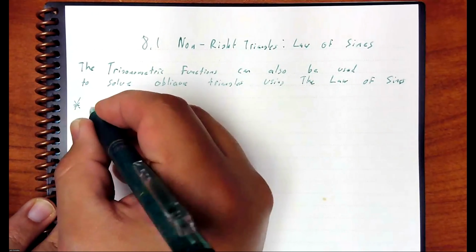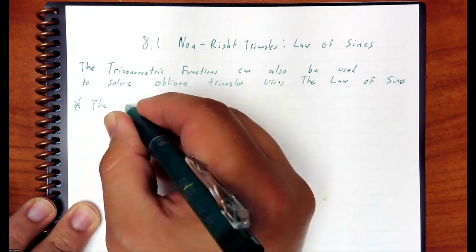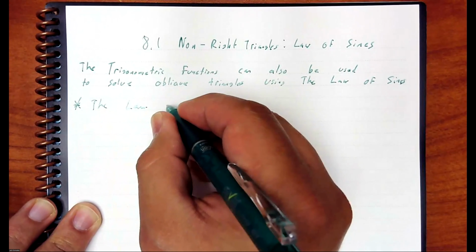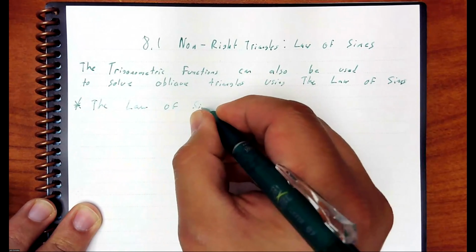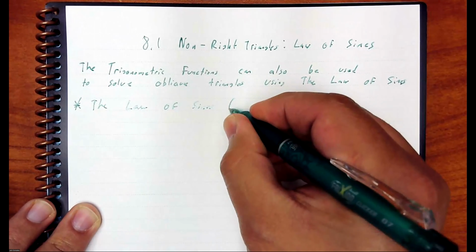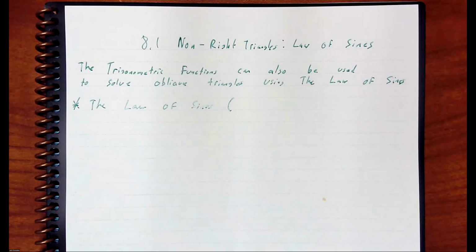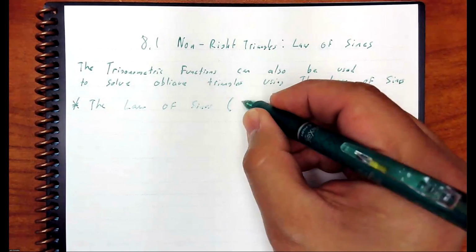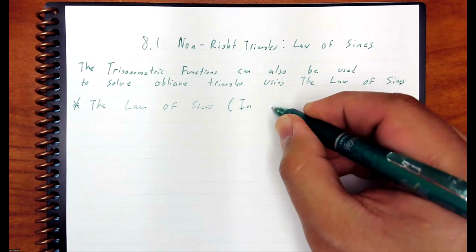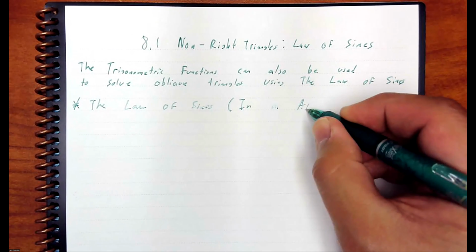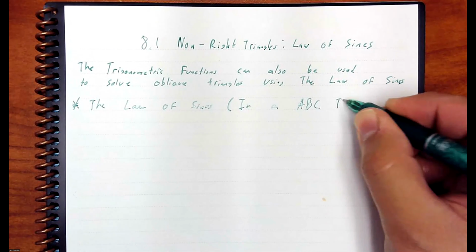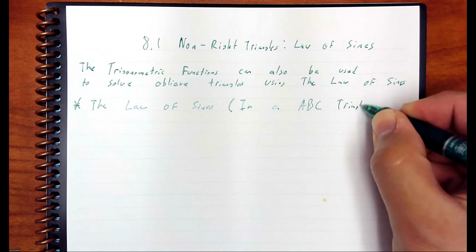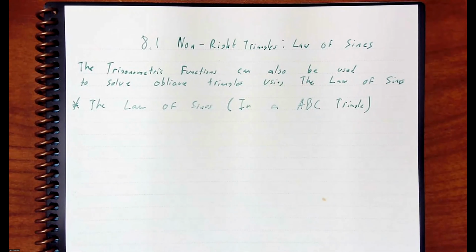Okay, so here's your formula. It's going to be for an ABC triangle.